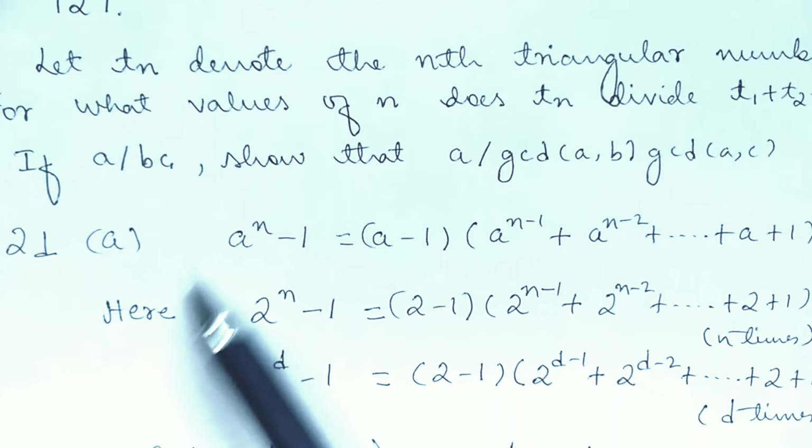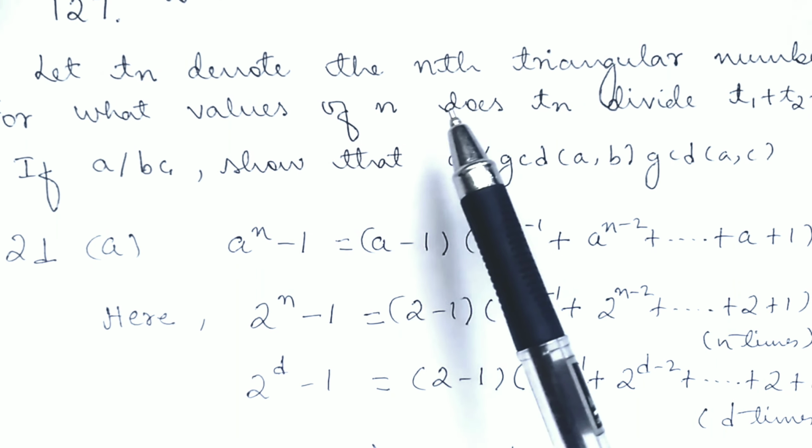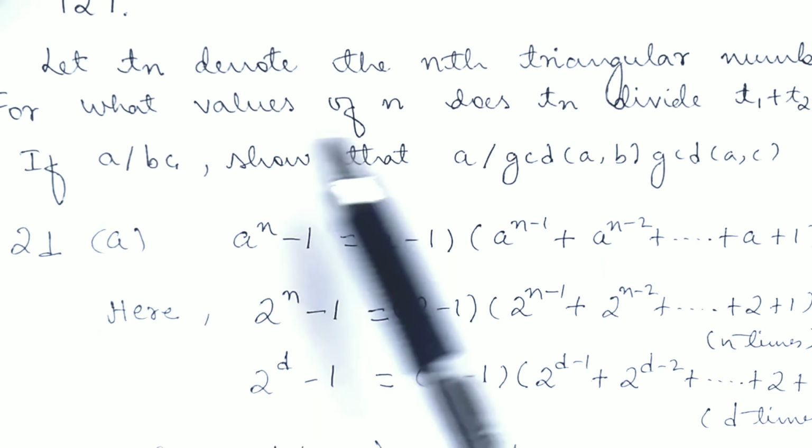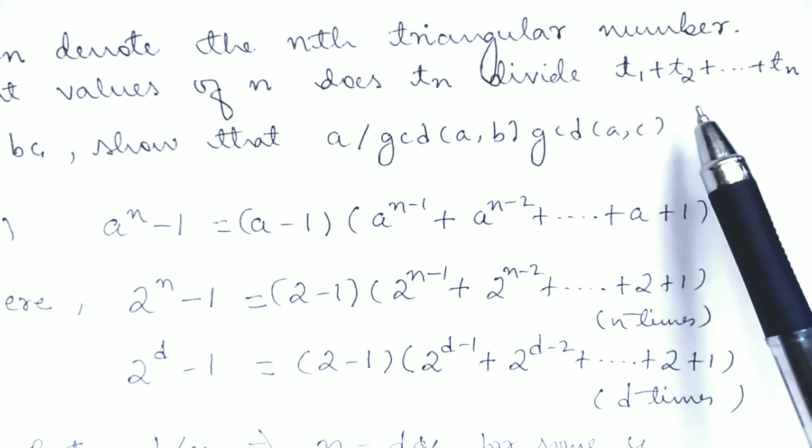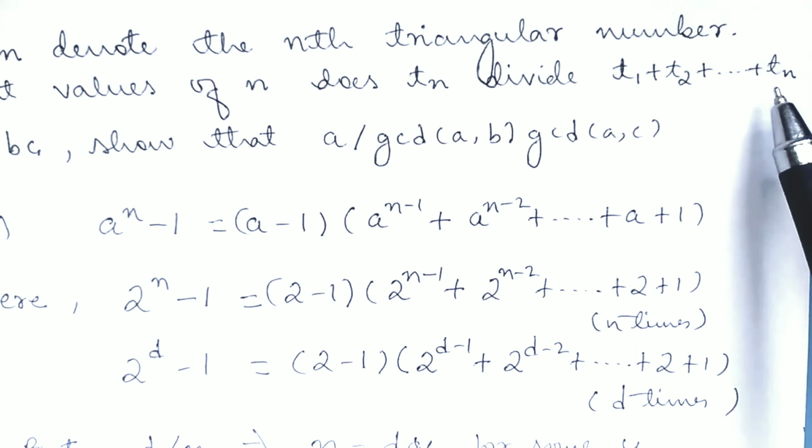Let Tn denote the nth triangular number. For what values of n does Tn divide T1 plus T2 plus ... plus Tn?